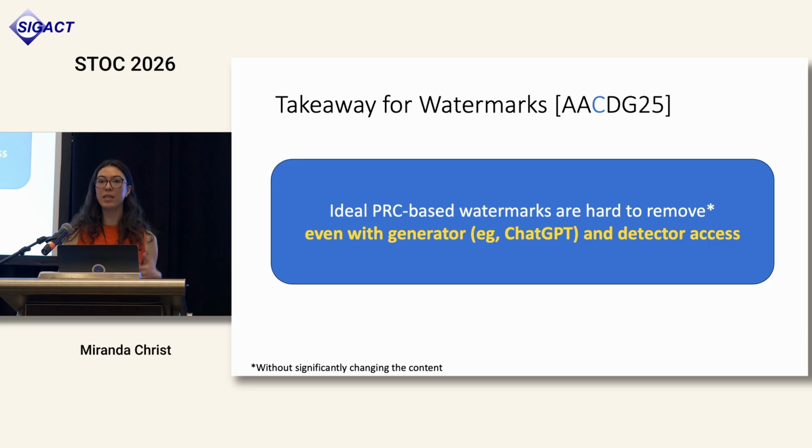So by plugging these pseudorandom codes into the framework, now we get a watermark where it's hard for an adversary to remove it, even if they can query the watermarked model a polynomial number of times and also query a detection oracle. I didn't really show the results of this paper, which was from STOC last year with Omar Al-Rabia, Prabhanshu Ananth, Yevgeniy Dodis, and Sam Gunn.